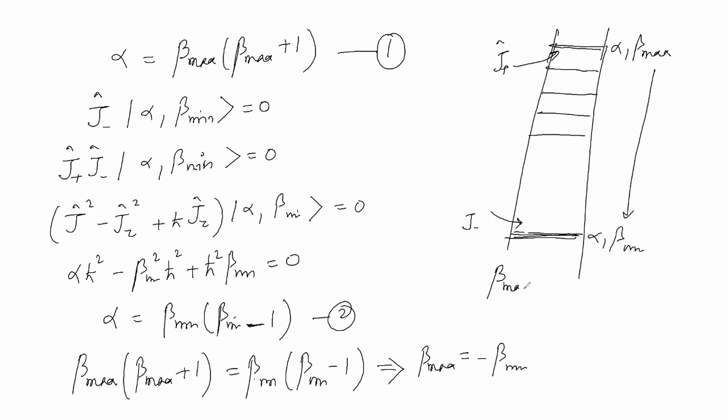That means beta max is nothing but beta min plus some n number of steps, which is responsible for moving from the top position to the bottom position. This position in the rung will always be in integer steps.